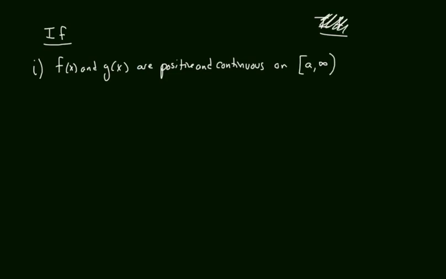The second if, so if that is true, and also the integral from a to infinity of g of x dx converges. Now I may have said that g of x converges. I should have always said the integral of g of x converges.